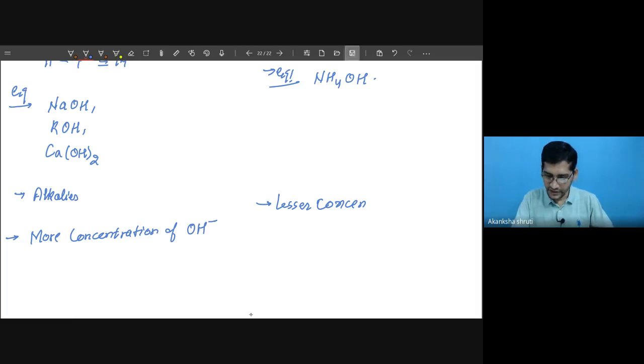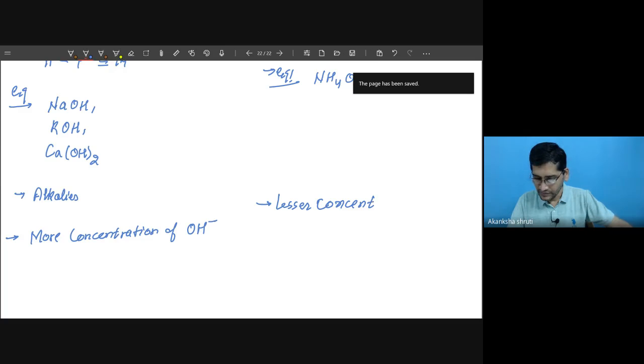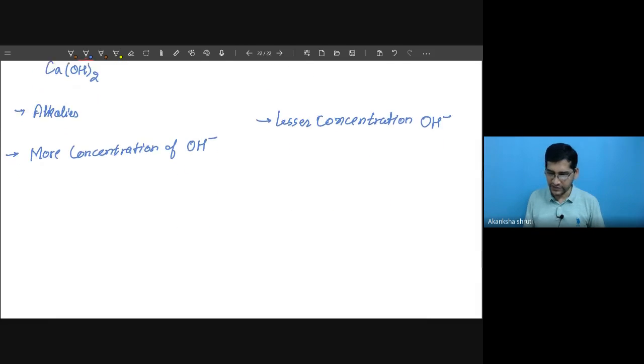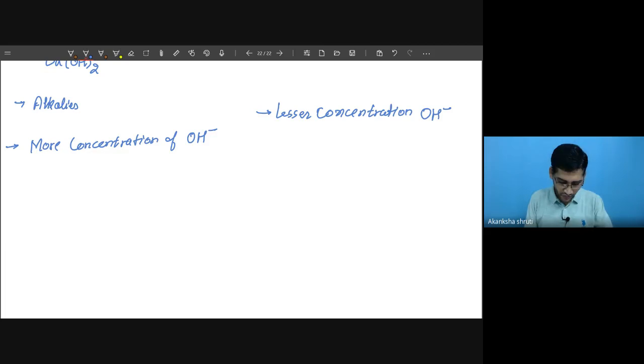We have to understand how this OH minus concentration gives the idea about the H plus and what the pH scale is now. Now, more concentration of OH minus means the chances of getting H plus is very, very less.